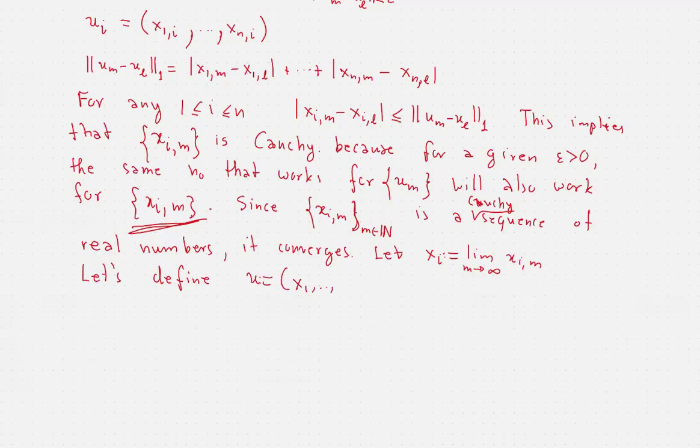We claim that um tends to u, i.e., what does it mean for a sequence of vectors to tend to a vector?